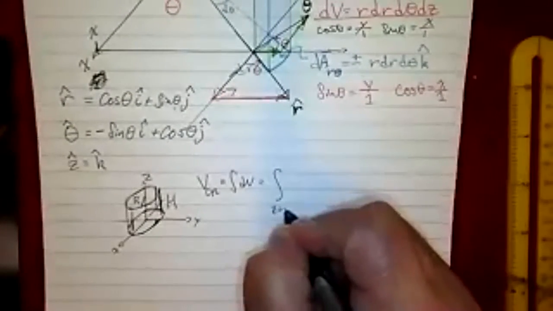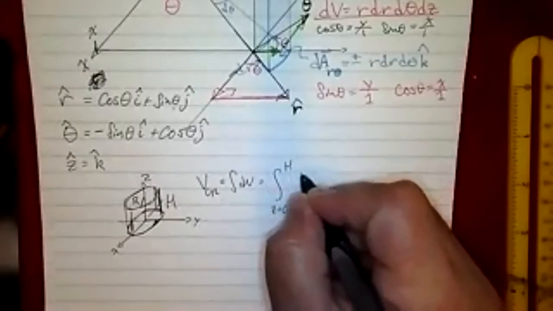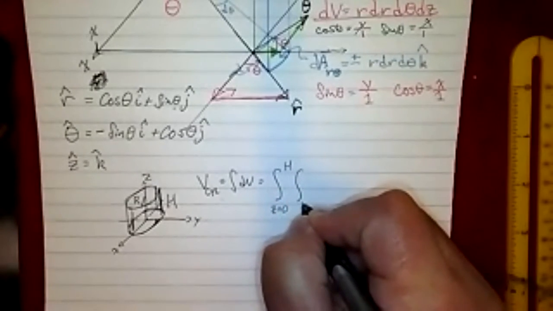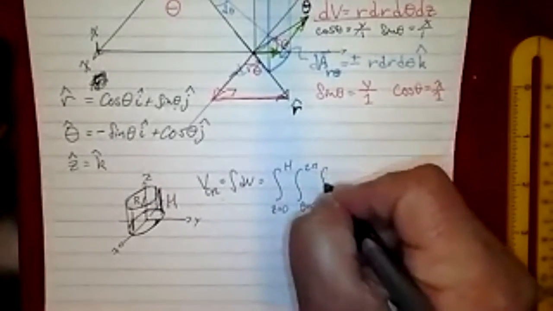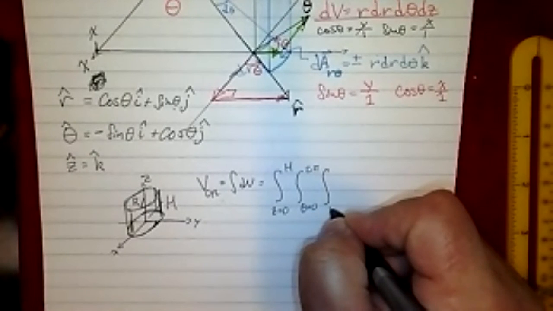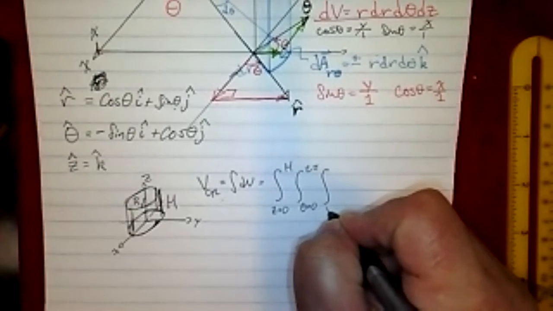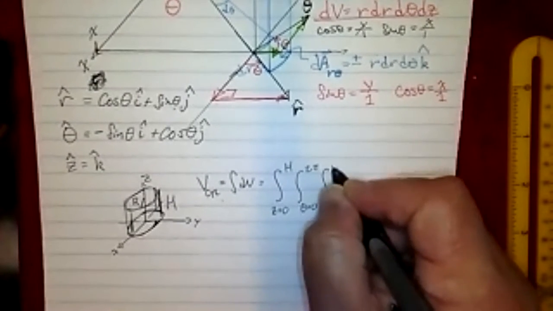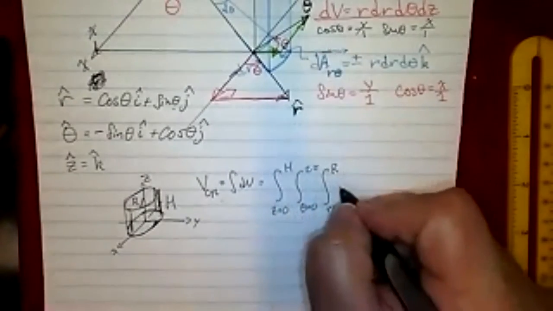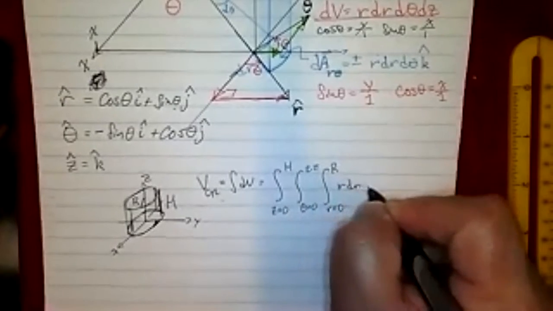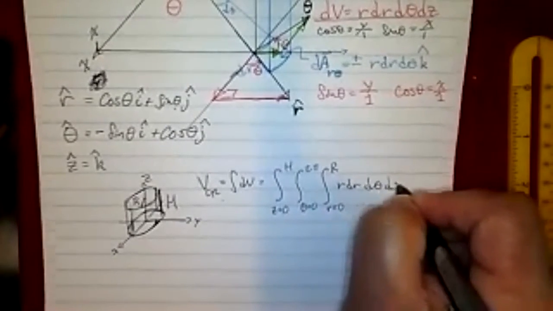So Z is going to go from 0 to H. Theta is going to have to go through a whole 2 pi radians. And then finally, the very first integral we do will be R, and R is going to go from 0 to big R. And the integral of dV is just the integral of R dr d theta dz.